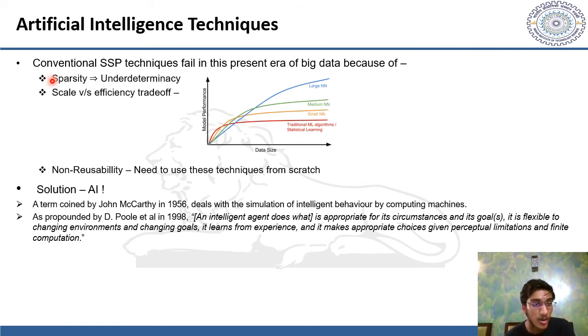Their generalization capability is very, very high when they are fed with large amounts of data. And so this remarkable fact about these deep learning neural network models is that they scale to very, very high values of efficiency when the size of the data set increases. And so they perform better when the data set size increases, in contrast to these traditional statistical learning algorithms.